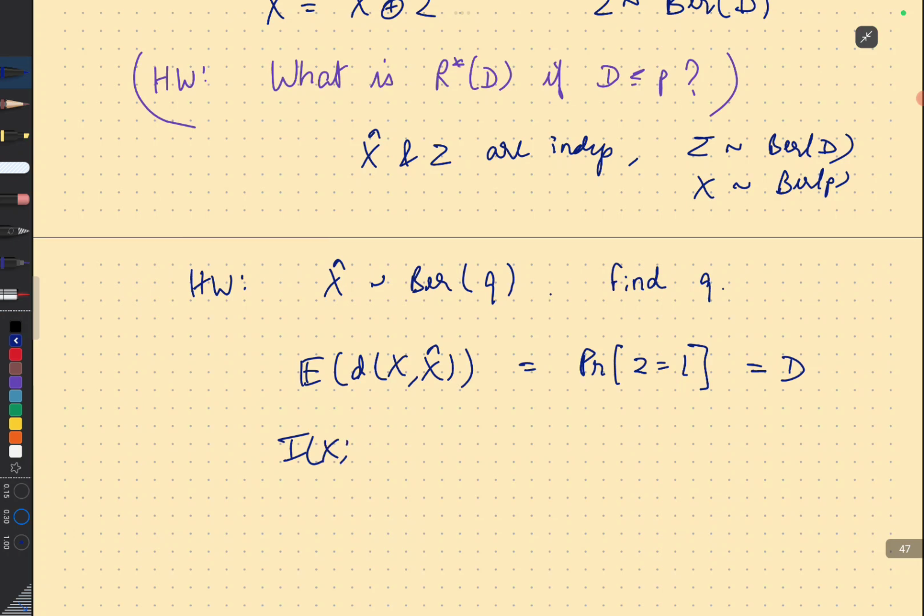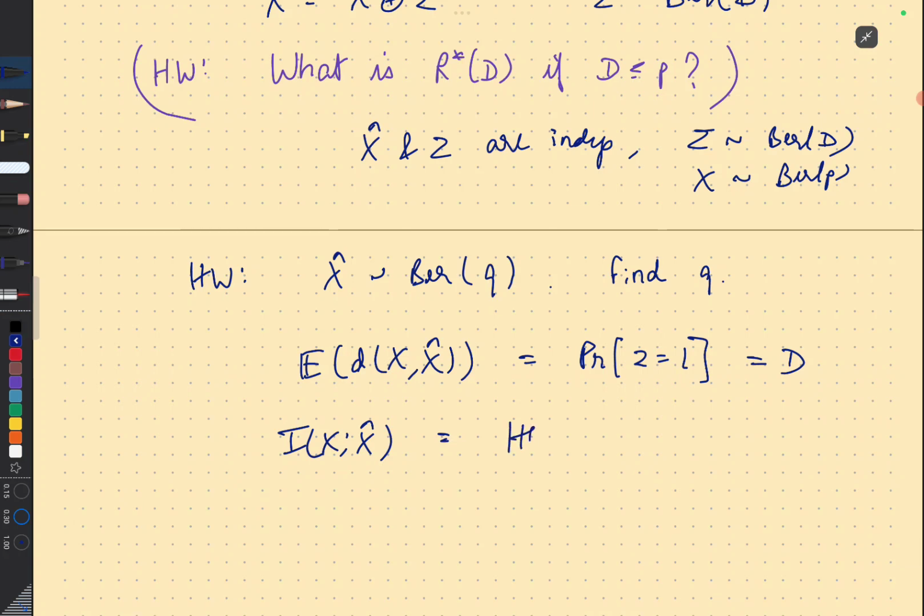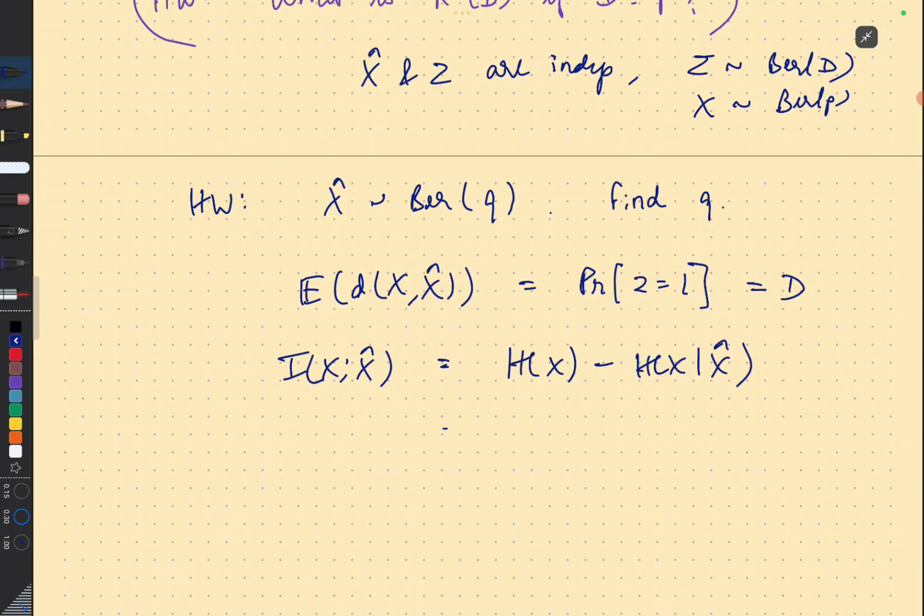So what is the mutual information between x and x hat? What is the second quantity going to be equal to?